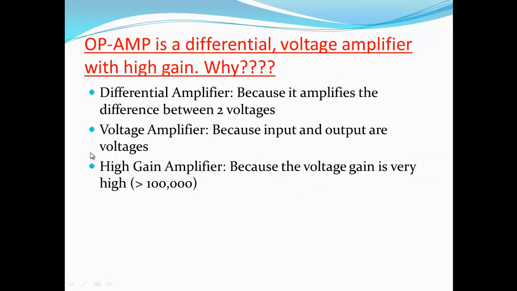So we have two voltages, and we want to amplify the difference between them, and the device will amplify it. It is a voltage amplifier because input and output are voltages. This is the most important high gain amplifier because its voltage gain is very high.